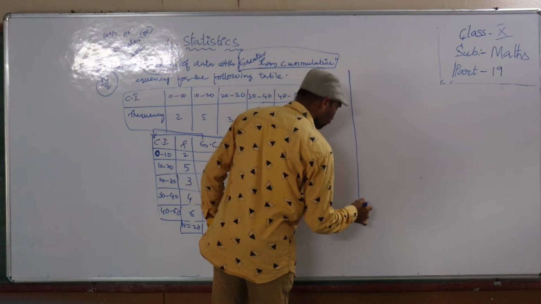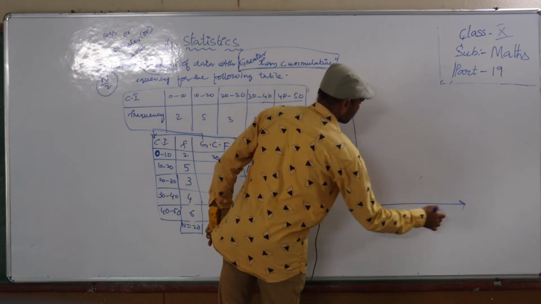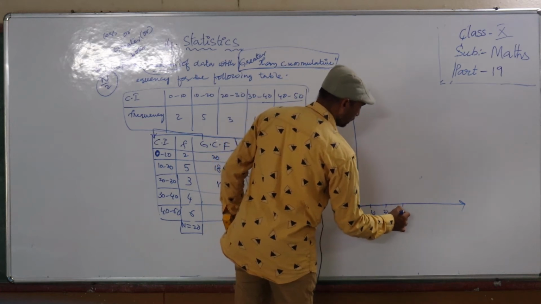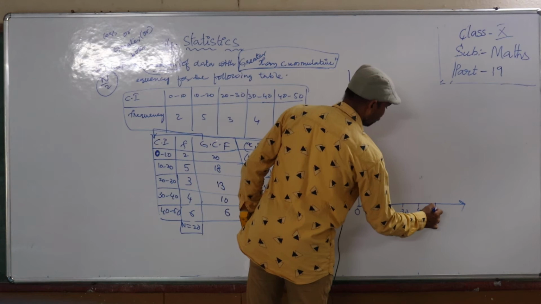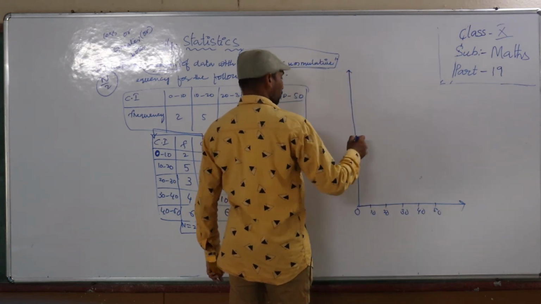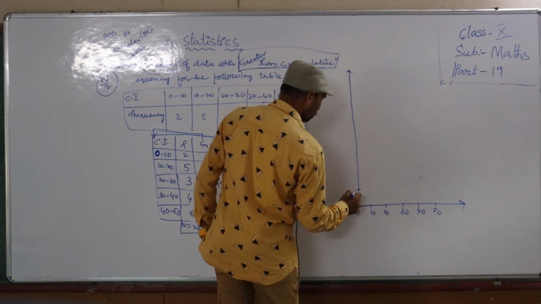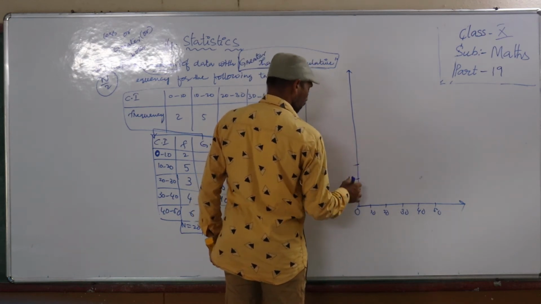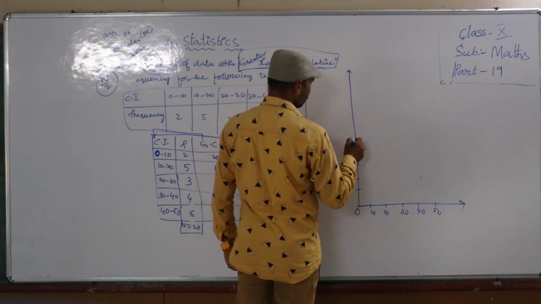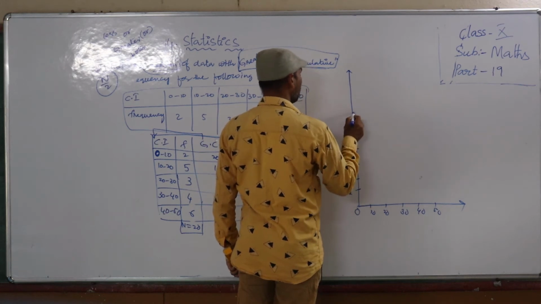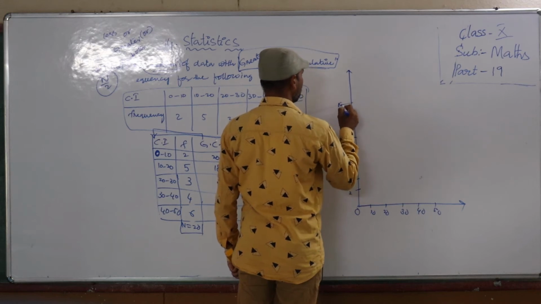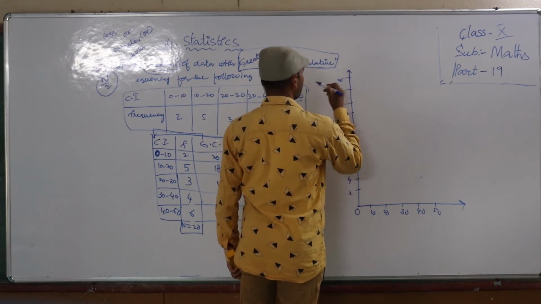So y-axis, x-axis. On the x-axis 0, 10, 20, 30, 40, 50, and on the y-axis 2, 4, 6, 8, 10, 12, 14, 16, 18, 20.